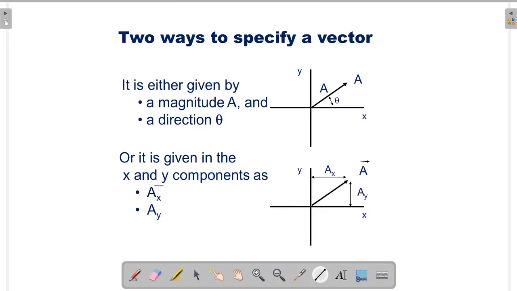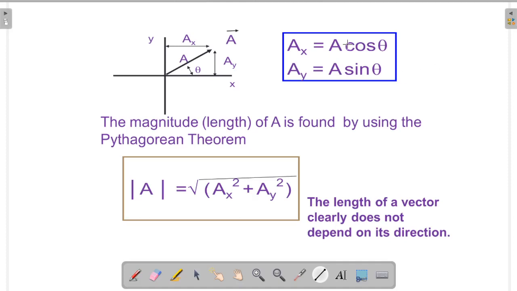The component of vector A along the x-axis is Ax and along the y-axis is Ay. So there are two components of this vector A.